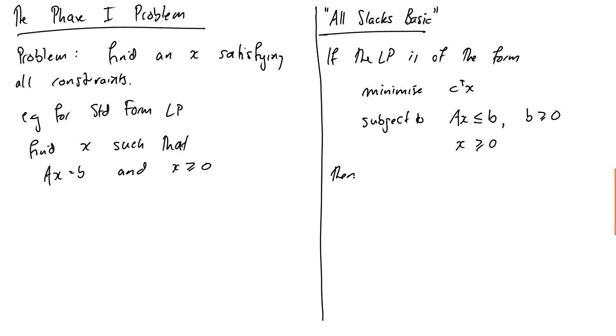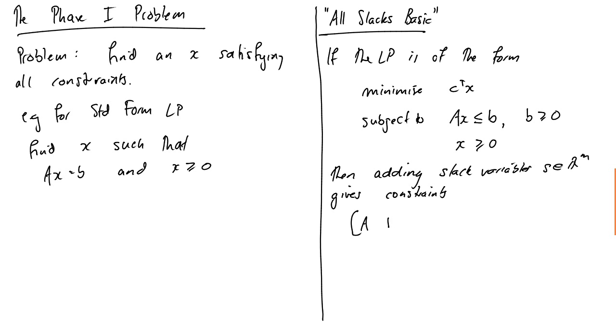Then adding slack variables for each of the Ax less than or equal to b inequalities, s in R^m, gives, in the same way we normally do for standard form, constraints [A I_m] (x, s) equals b.